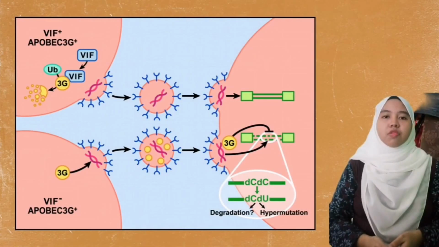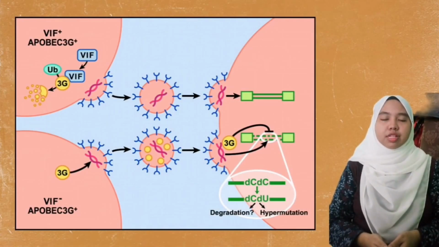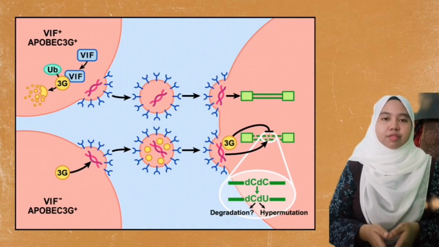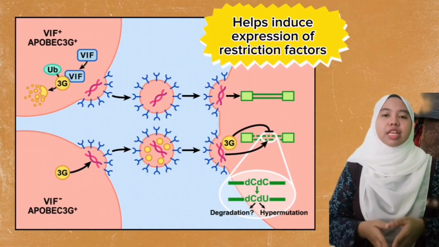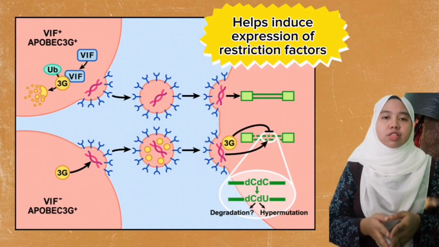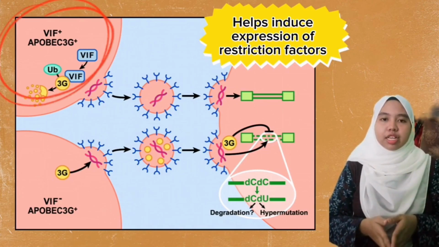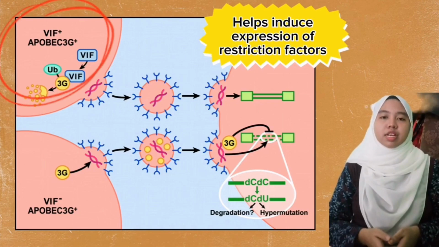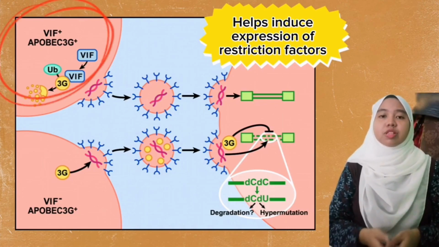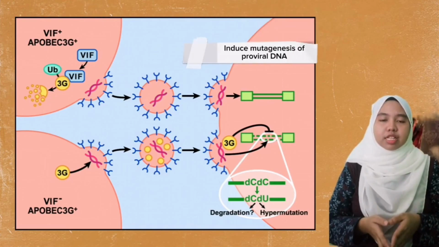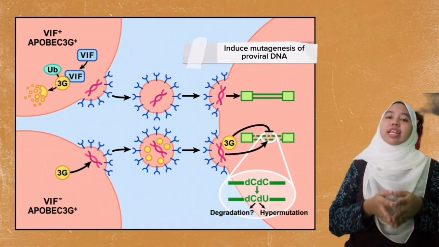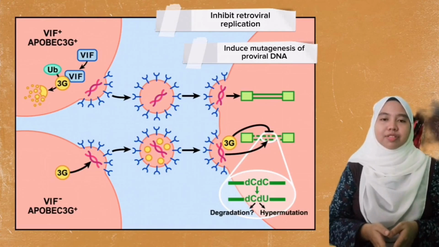The next method is reactivation of host restriction factors during HIV-1 infection. Scientists found that CRISPR-Cas9 helps to induce the expression of the restriction factors A3G and A3B in human cells. The A3 restriction factors of HIV can induce mutagenesis of proviral DNA and inhibit retroviral replication.